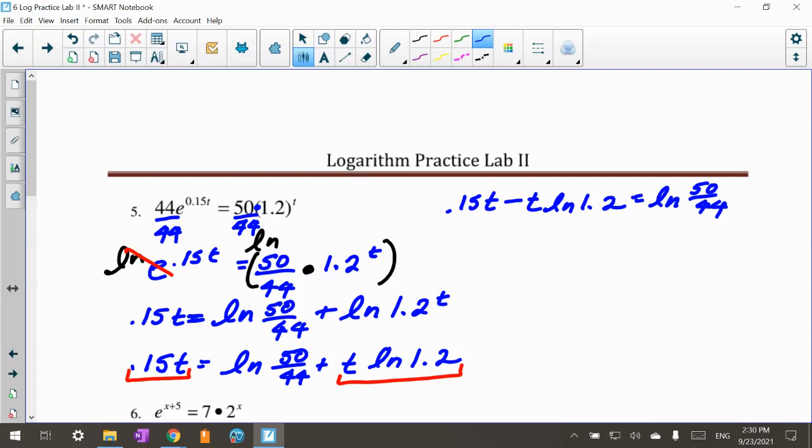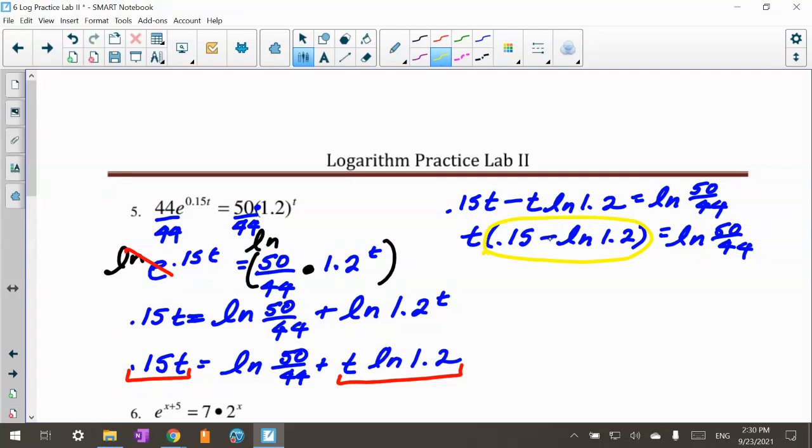Now I'm always telling you guys, there's a little saying: factor out the x or the variable, factor out the t, divide by the GLOP. So if I factor the t out, I have 0.15 minus natural log of 1.2 equals the natural log of 50 over 44. And since the t is hooked to this GLOP, as I call it, by multiplication, I can actually divide by that.